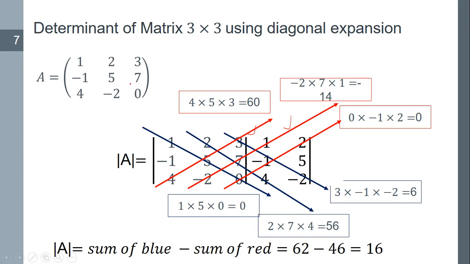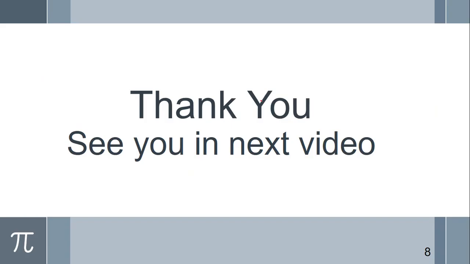The determinant is the sum of all the blue minus the sum of all the red. So you're going to have 56 plus 6 is 62, minus 60 minus 14, which is 46. So you get your 16. So regardless of whether you use the expansion of matrices or the adjoint, you will get the same value of 16.